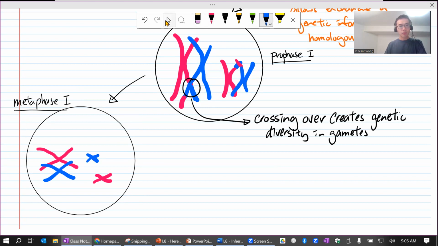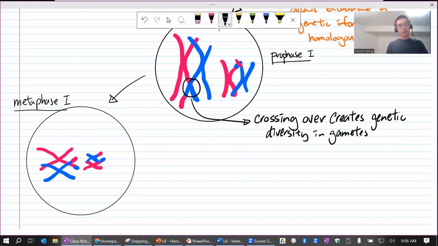Let me draw a little bit better. This goes right here. And remember, they already did the crossing over. So there's going to be a little bit of the blue on the red, and a little bit of the red on the blue, because of the crossing over. You can put them on any way you want. Here, just add a little bit of blue here, a little bit of red there.